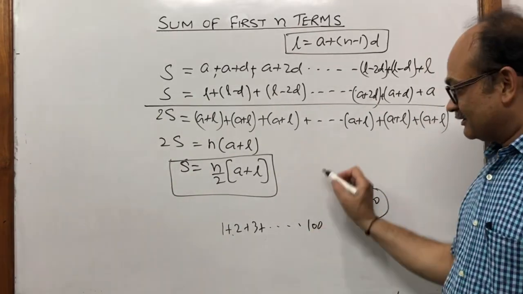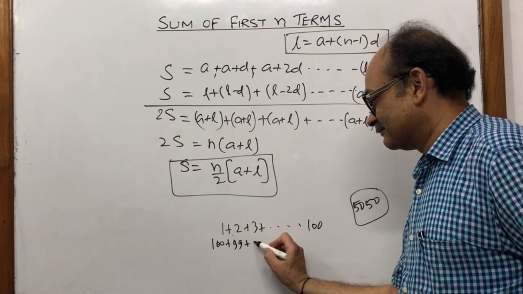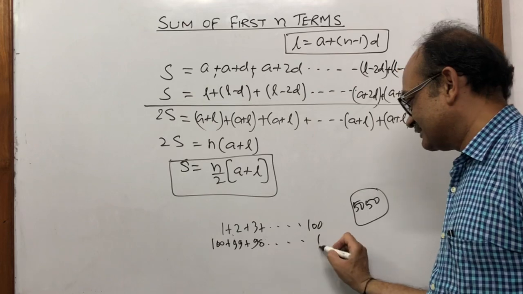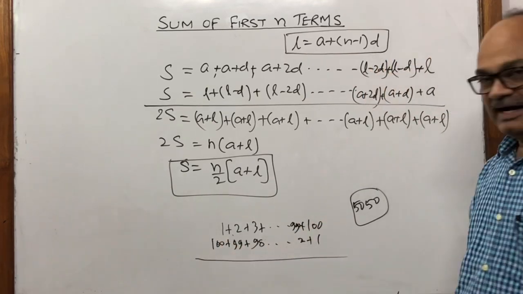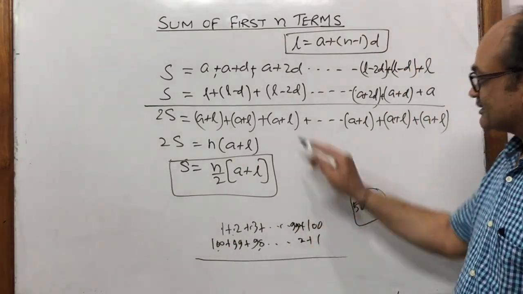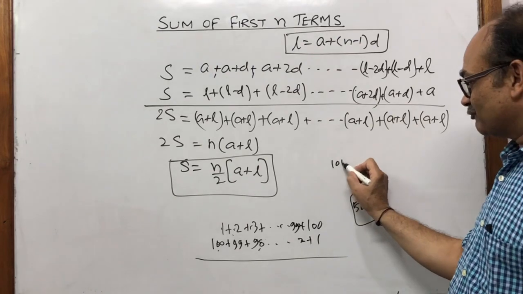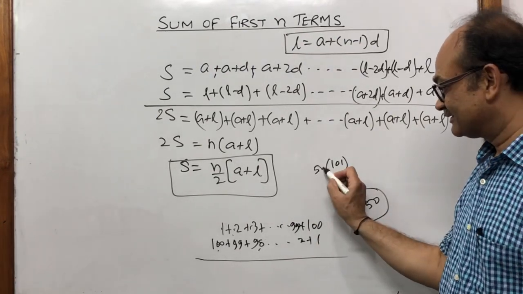How did he apply it? 1 to 100, then write like this. Add these two. Every time 101, 101, 101, 101, same thing. So 101, how many times? Yes, 50 times.